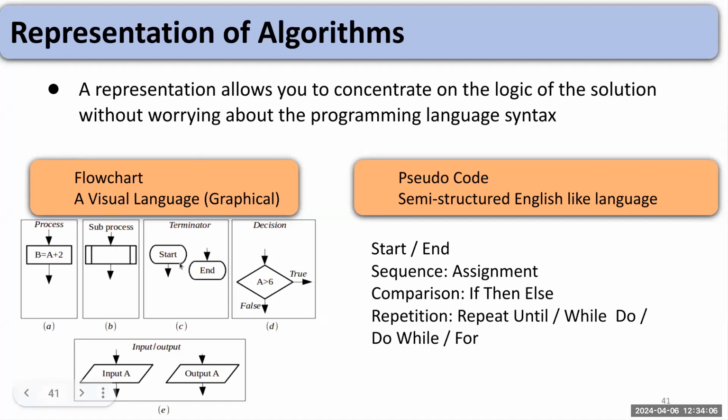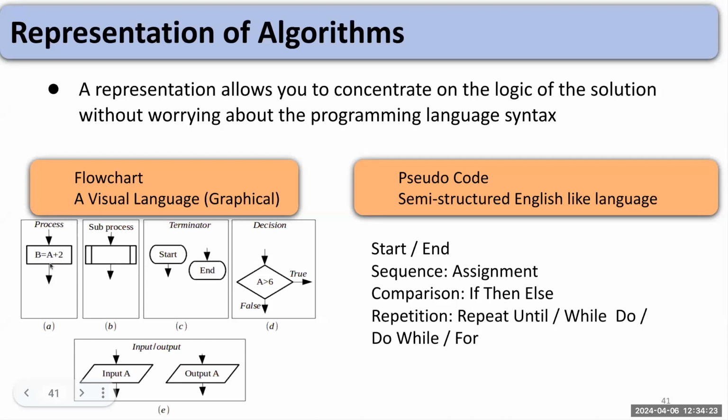The termination: an algorithm should have a start and an end. We write start and end like this, in an ellipse. This is a rectangle with two lines. This is only a rectangle box.